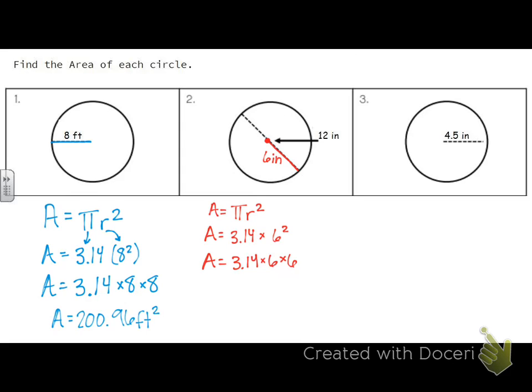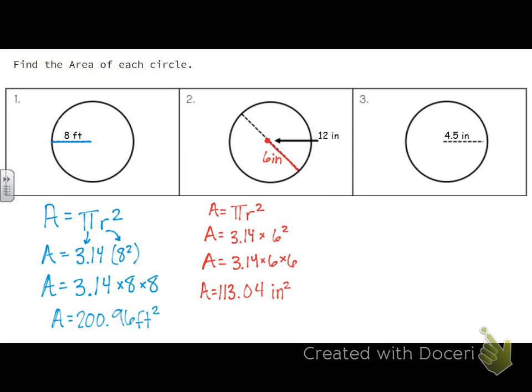And I get 113.04. And again, my radius and diameter was given to me in inches, so my answer is going to be inches squared, because that is a two-dimensional measurement.